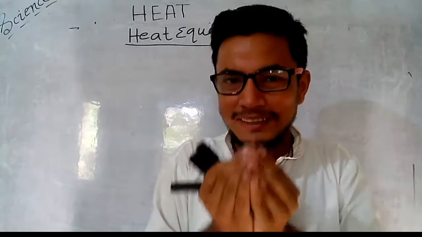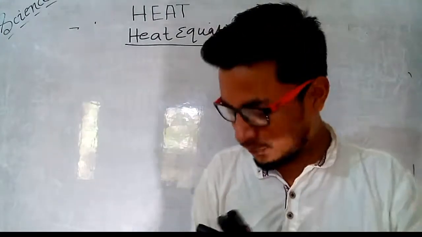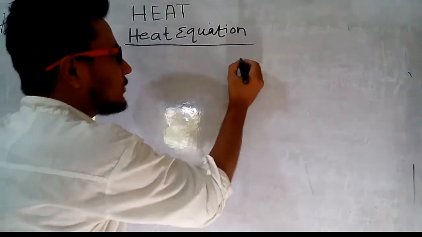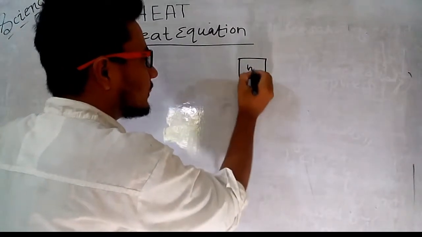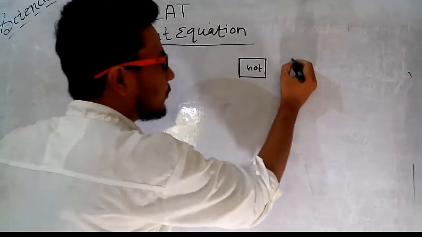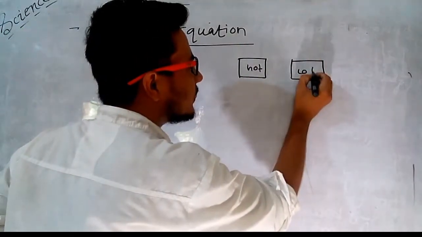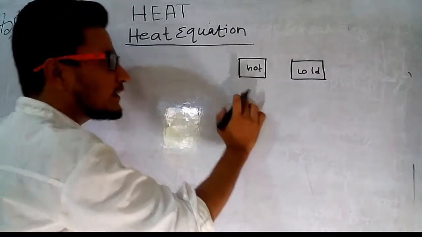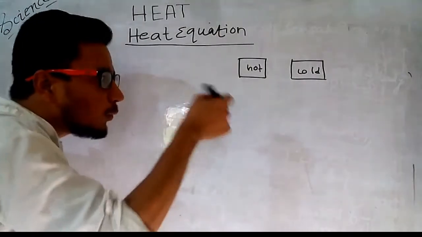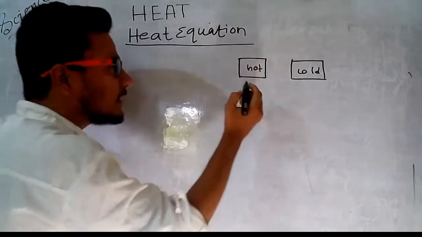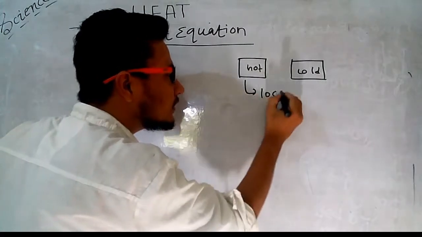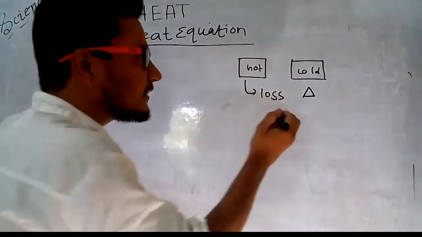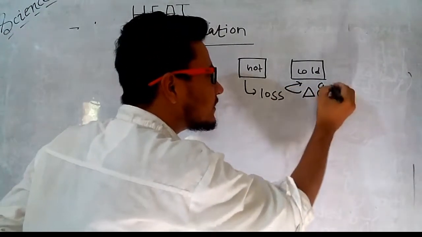So what is the heat equation? Let's talk about it. Suppose there are two bodies, one hot body and one cold body. When we leave the hot body, it loses heat, and when we heat the cold body, it gains heat.